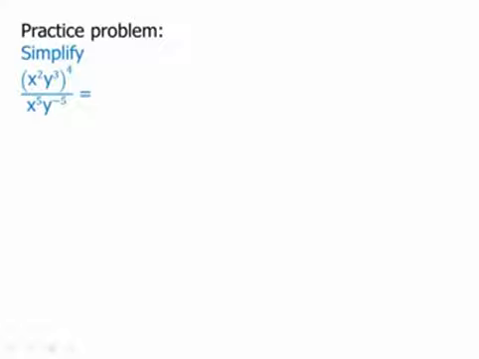Okay, in the numerator, all we're going to do is multiply out that 4. We're just going to distribute it to each one of those terms. And for each one of those terms, we're going to have a power to a power, which means multiply the exponents. So we're going to wind up with x to the 8th, y to the 12th. Then we have to deal with the division.